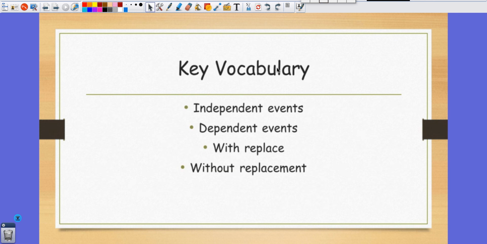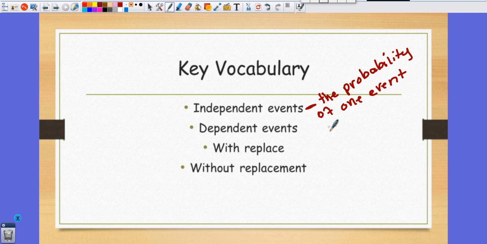Okay, so independent events, we've got these definitions written down already, but I'll go again. Independent events mean that the probability of one event does not affect the probability of another event.